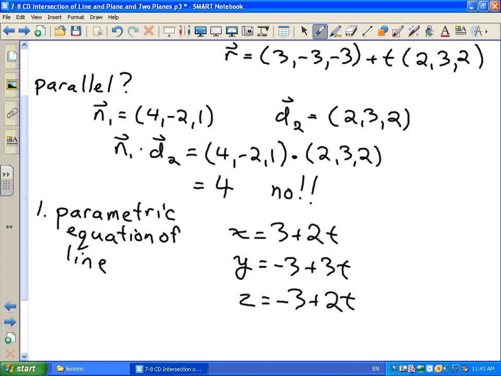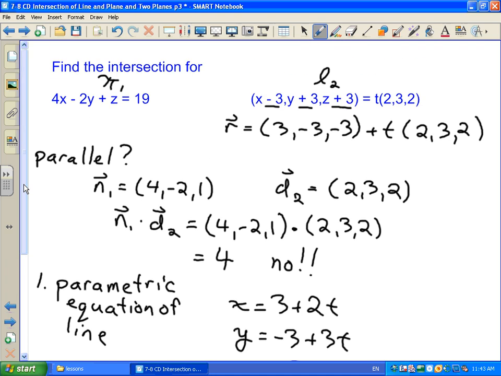Okay. So this gives us expressions for x, y, and z. Now, if our line is intersecting our plane, there is a point where these two things intersect. At that point, we have coordinates, or values for x, y, and z, that satisfy both this equation and the equation that I have up here.